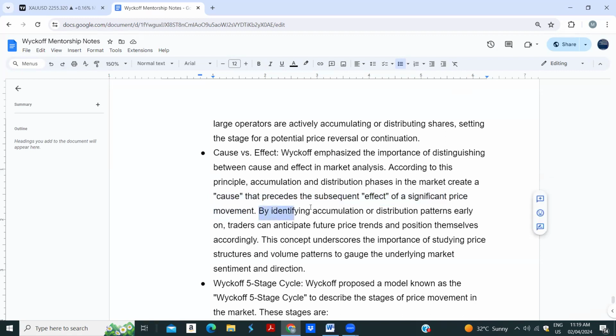By identifying accumulation or distribution patterns early on, traders can anticipate future price trends and position themselves accordingly. This concept underscores the importance of studying price structures and volume patterns to gauge the underlying market sentiment and direction.